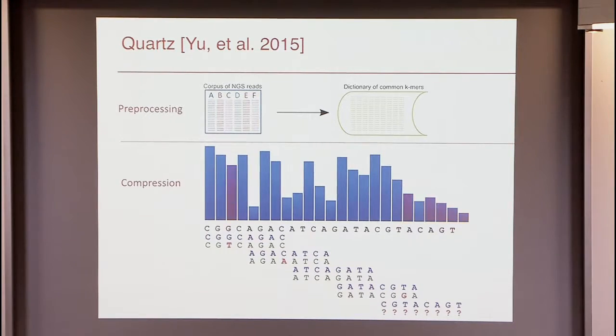Now, we note where there's a difference between the read and what we find in the k-mer dictionary, and we store the quality value for that.